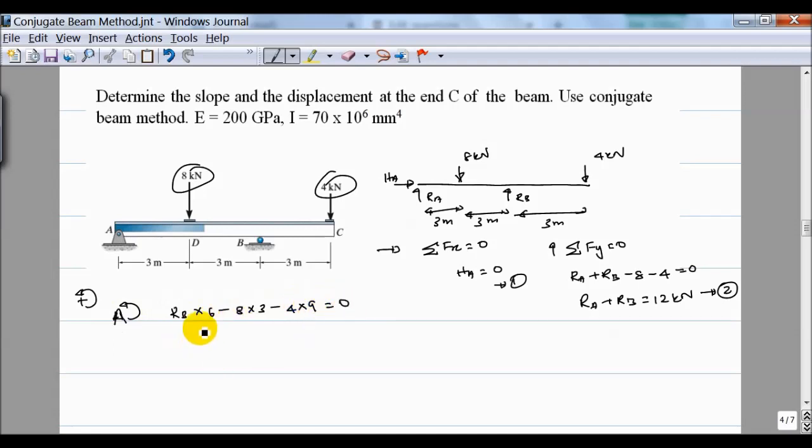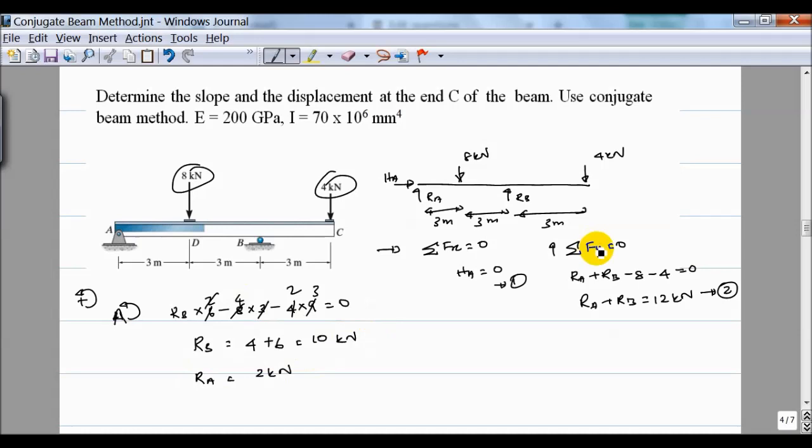The 3 cancels off, and 2, and again 2, 4, 2. So RB becomes 4 plus 6, 10. So 2 into 3 is 6, and 4 into 1 is 4, 6 plus 4 is 10 kilonewton, and RA is 2 kilonewton.